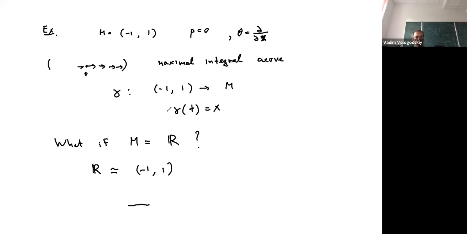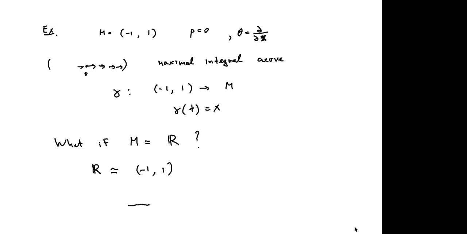So we should take this vector field on the interval, apply the diffeomorphism, and get a vector field on R with the same properties. Okay, so it doesn't hold for R as well. So maximal integral curves, at least in some cases, are defined only on a finite interval.